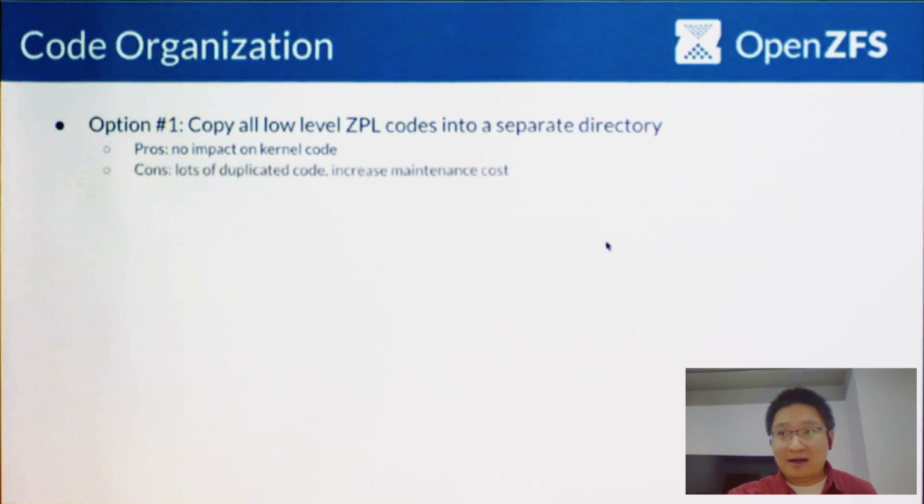The good thing is that there is no impact on the existing kernel code. The con is we are bringing lots of duplicate code, and this will obviously increase maintenance cost.